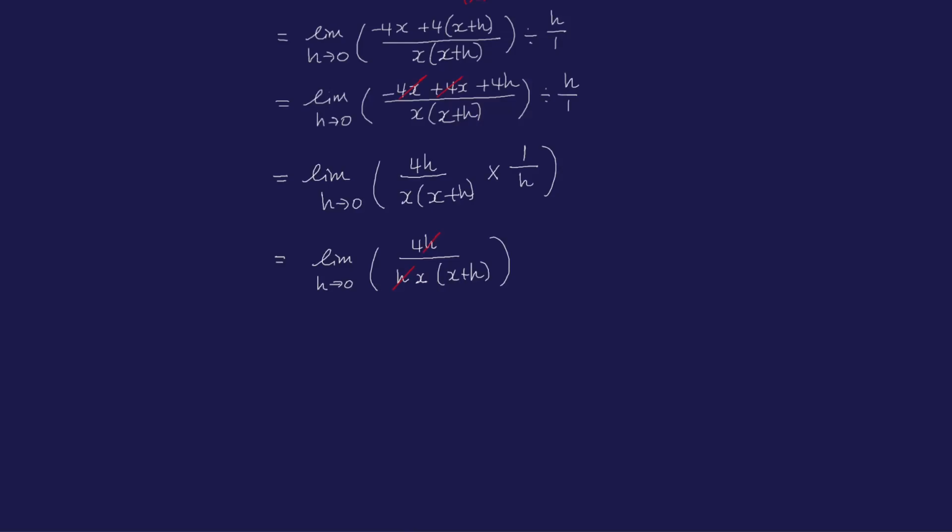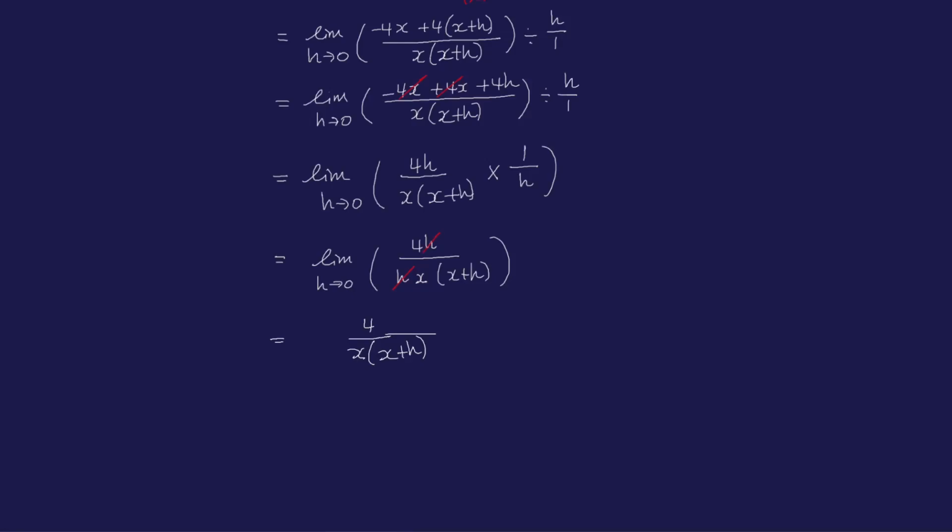So I've cancelled the h's, they were factors, and so I can cancel them. So I'm left with 4 over x into x plus h. Now at this point, because I've cancelled the h, I can substitute 0 for my h.